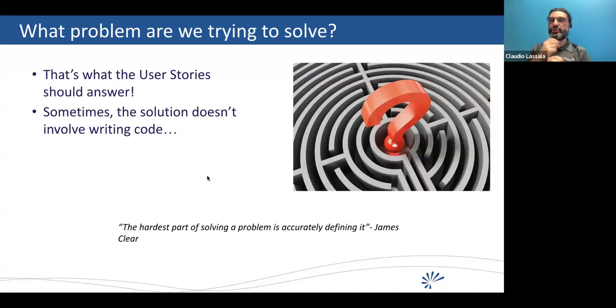If you cannot articulate in English what is the problem that you're solving through that code or that architecture that you're putting in place, stop, right? You're wasting time and money, right? So developing this skill to define accurately the problem that you're trying to solve, because it's the hardest part.